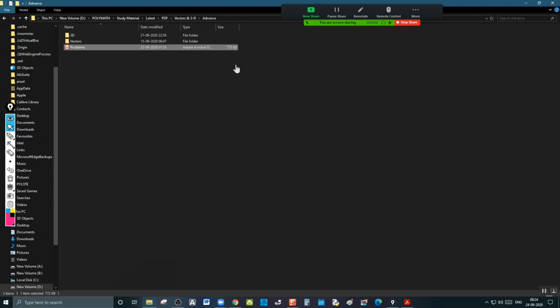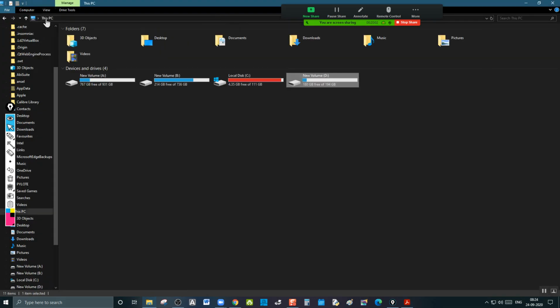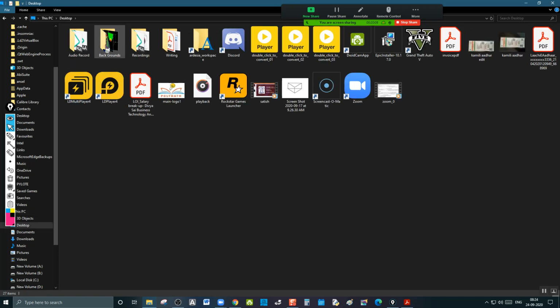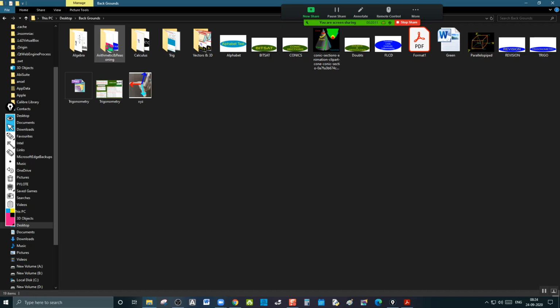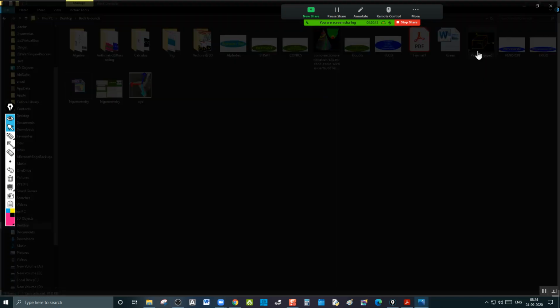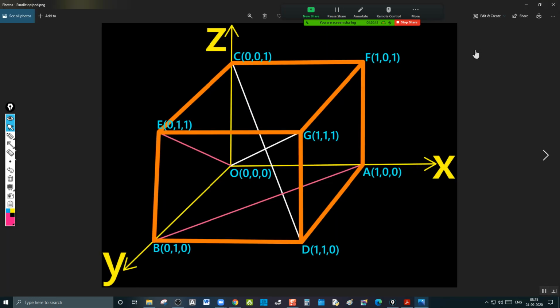I'm taking up the diagram. I have drawn this for your better understanding. Of course, every one of you is aware of a unit cube, but I want to show you that more clearly. That is why I have drawn this.